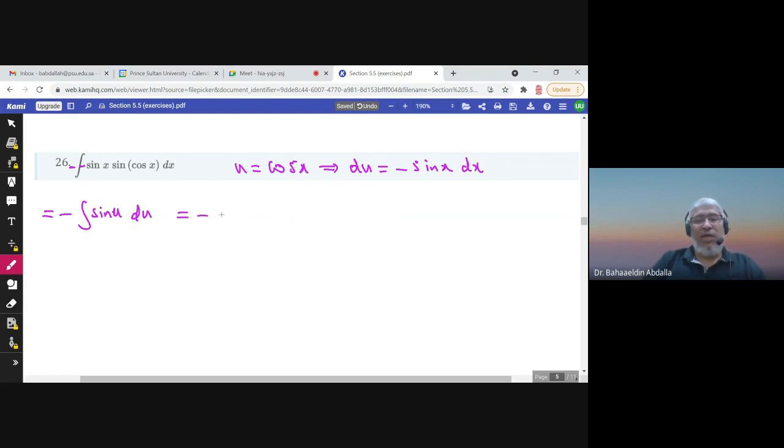Integral of sine is negative cosine plus c. So negative times negative is positive cosine u, or cosine x, because u is cosine x.